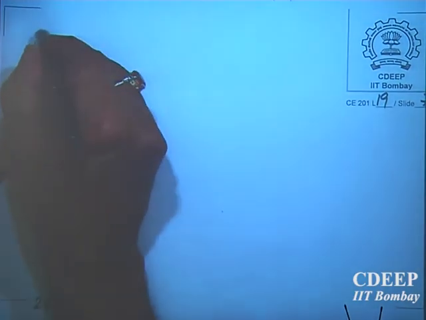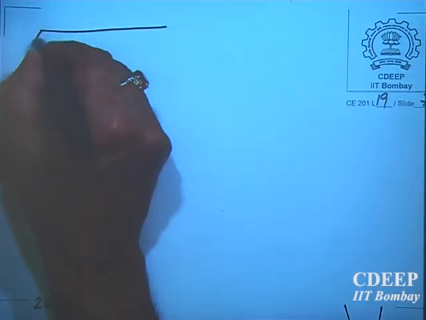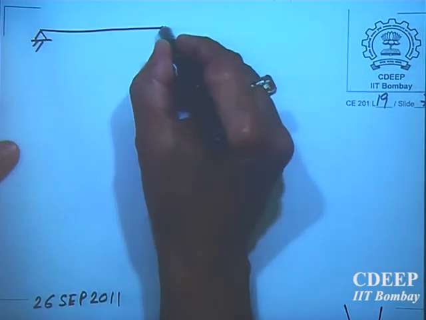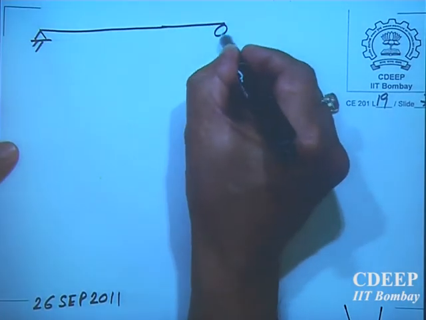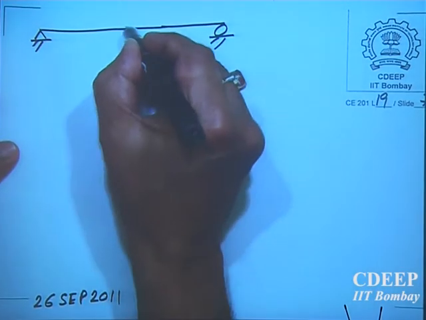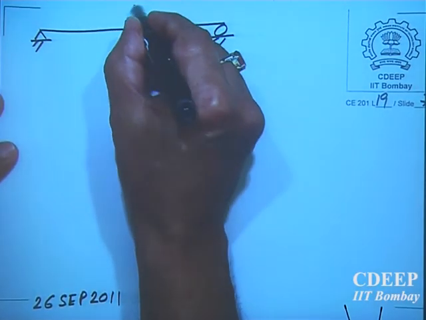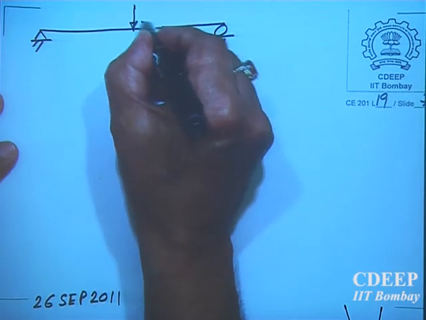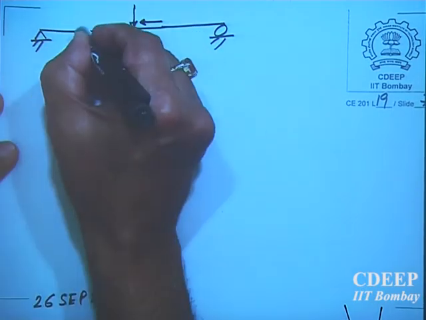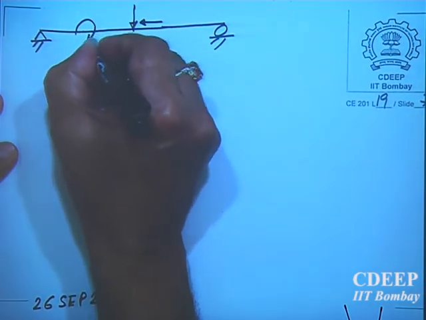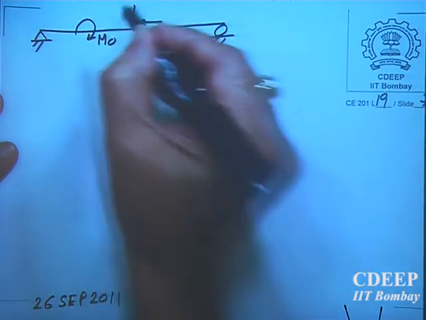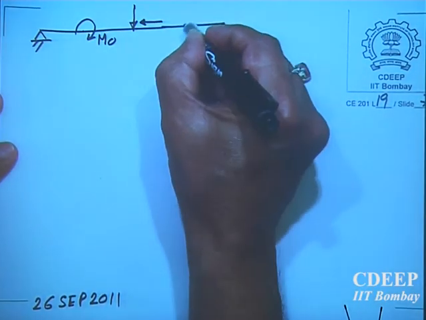The original problem is also equivalent to this total problem, which has M naught, and here it is.